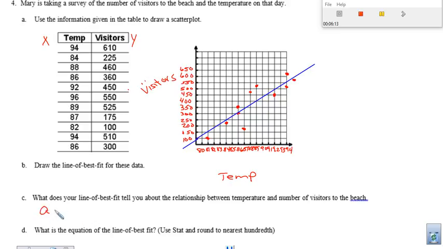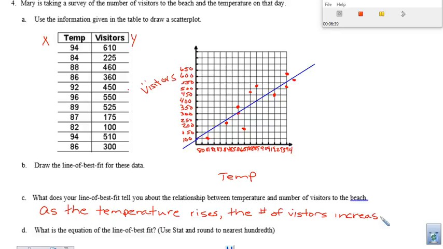So we need to say that as the temperature, X, rises or increases, the number of visitors increases.